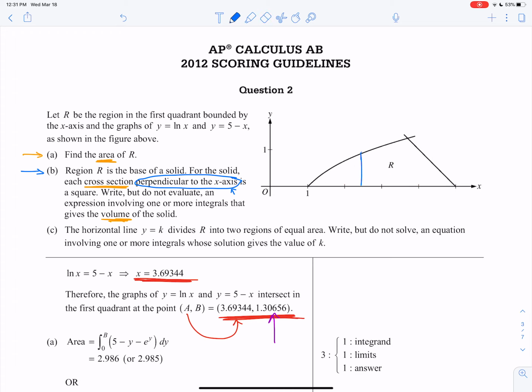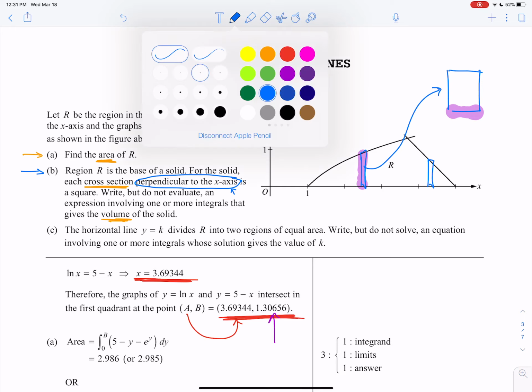We know we're going to illustrate a vertical rectangle because we're integrating with x, but now each of those slices is going to represent a square. So basically, that height will give you the length of that base here, but remember that you have to actually set up two integrals because your top function does change.